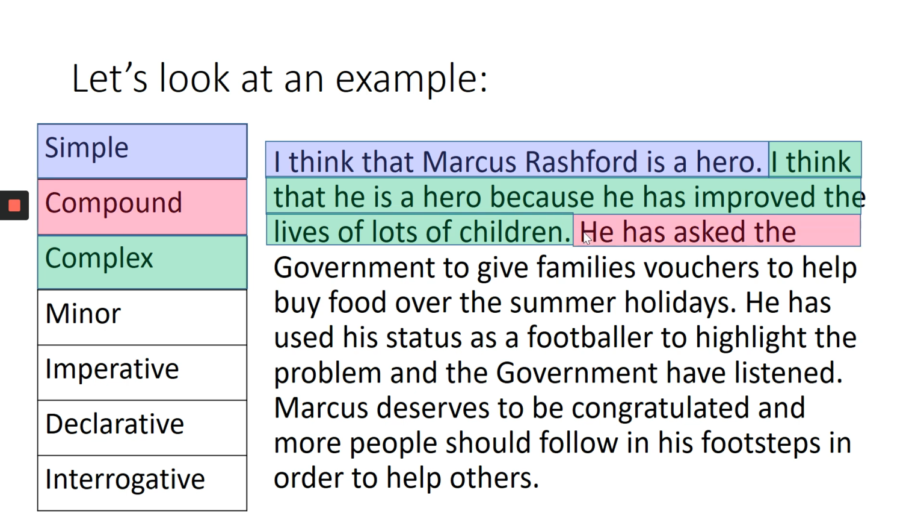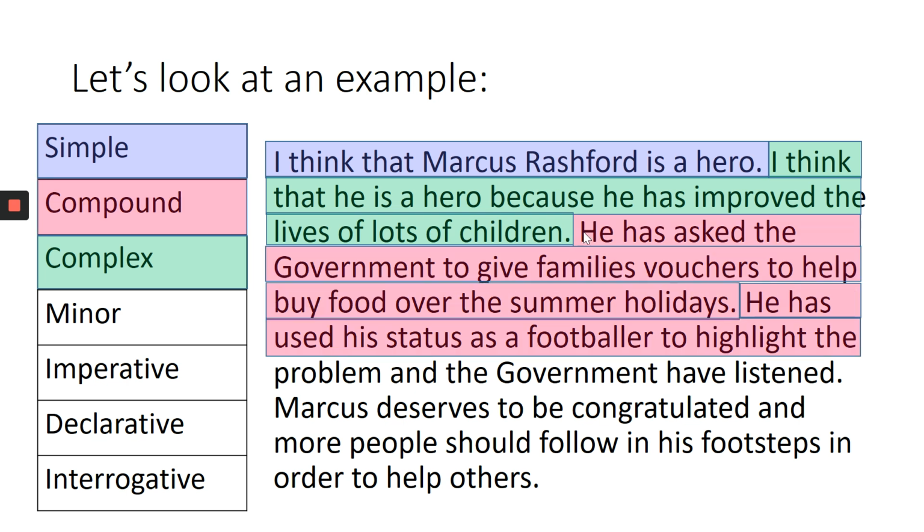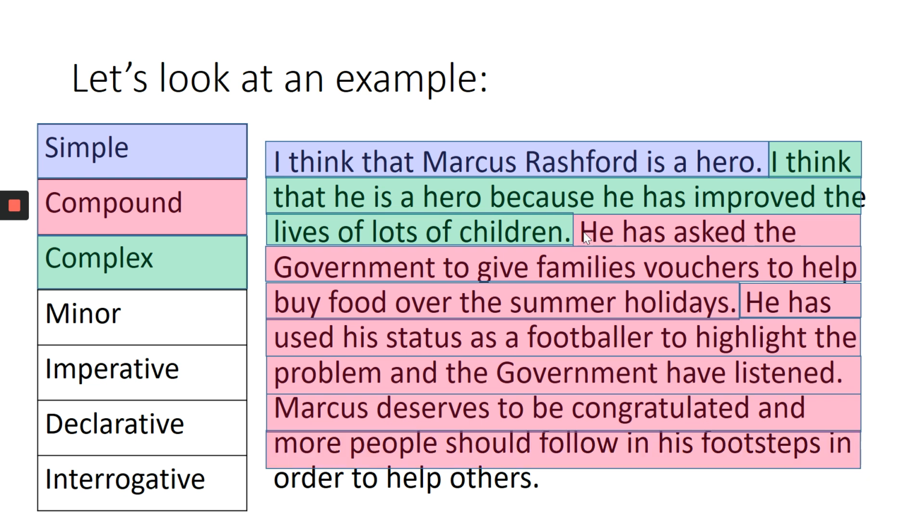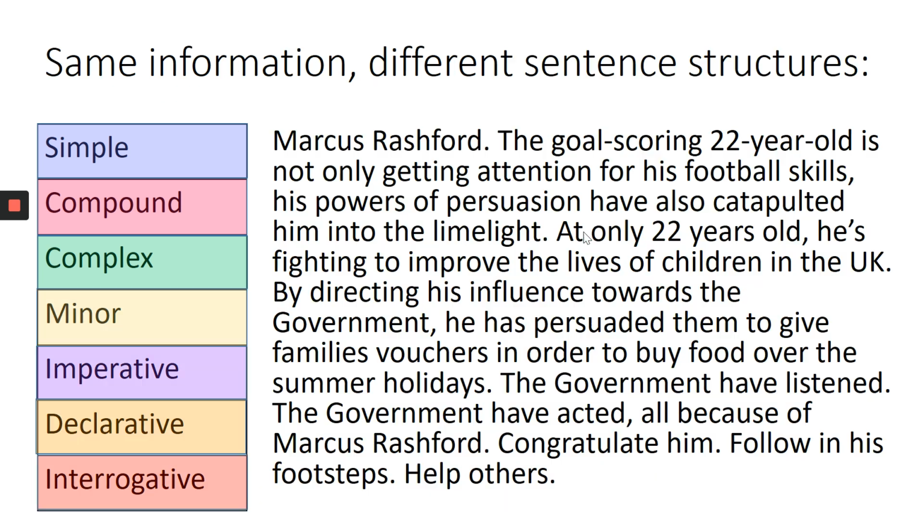But then look what happens. We've then got a series of compound sentences for the rest of the paragraph. It means that we don't have a lot of flow. It means that we don't have a lot of difference, and things start to get a little bit boring and monotonous again. Let's have a look at the same topic, but a different structure.